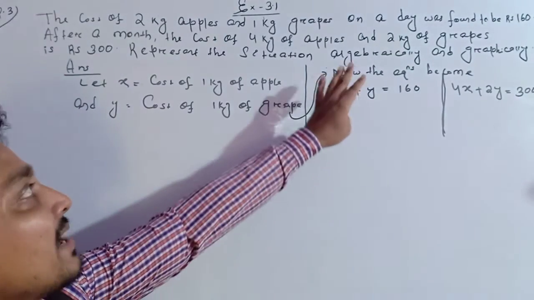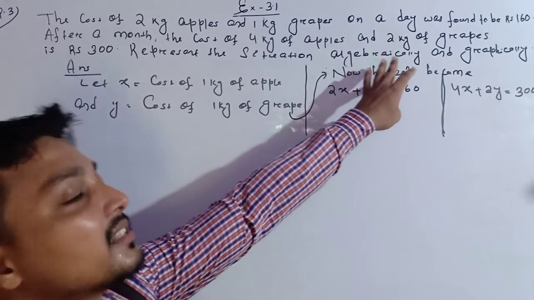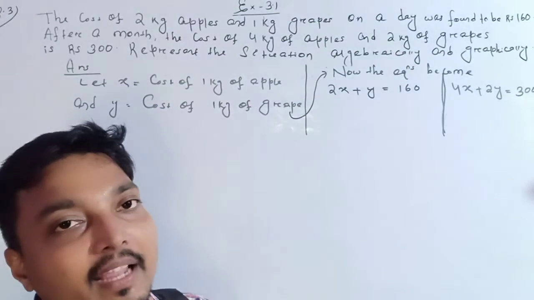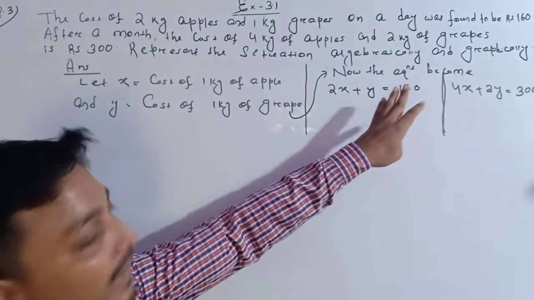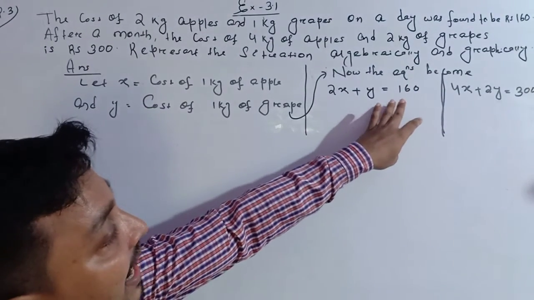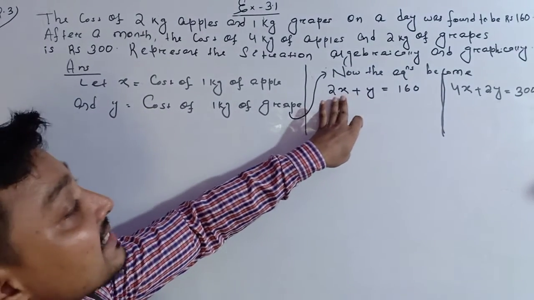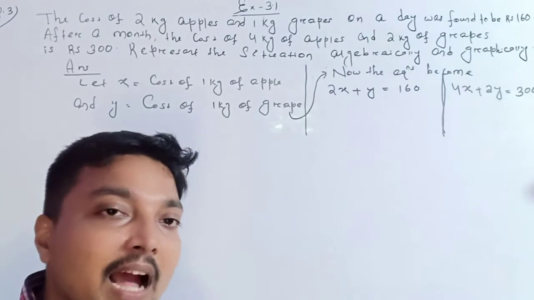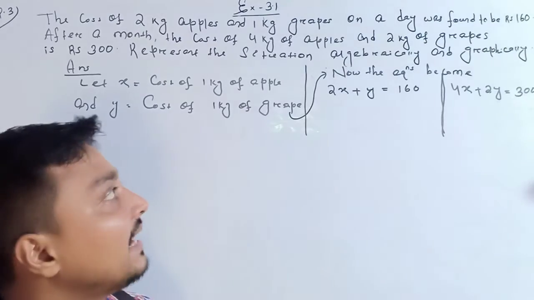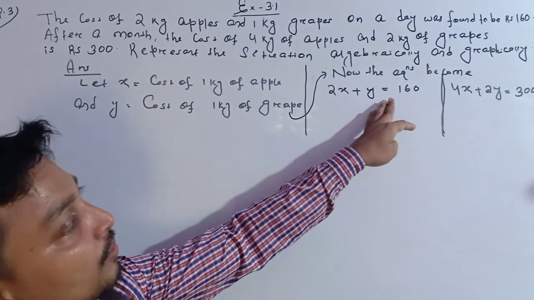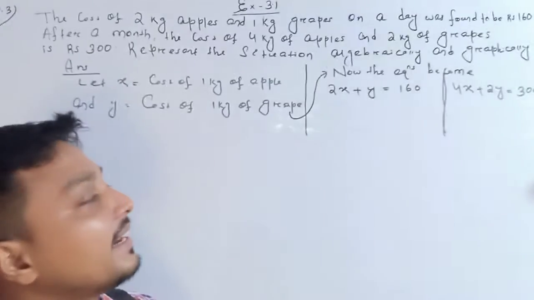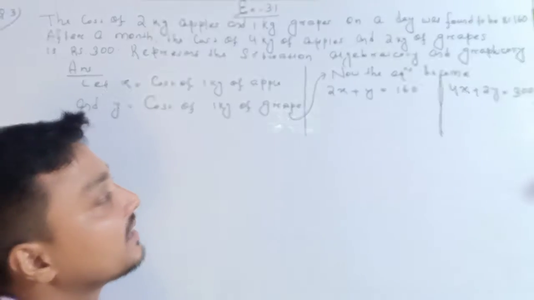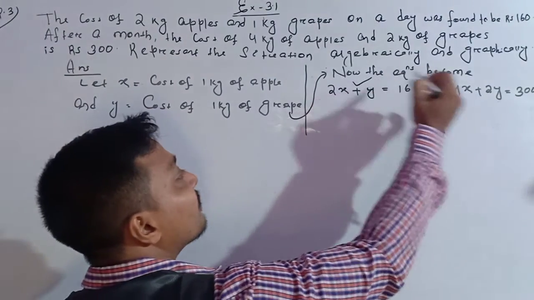Actually two things were asked: first, we have to represent the situation algebraically, and second, graphically. Algebraically means x and y must be there. In another way, algebraically means we have to convert the situation into a pair of linear equations in two variables, x and y.